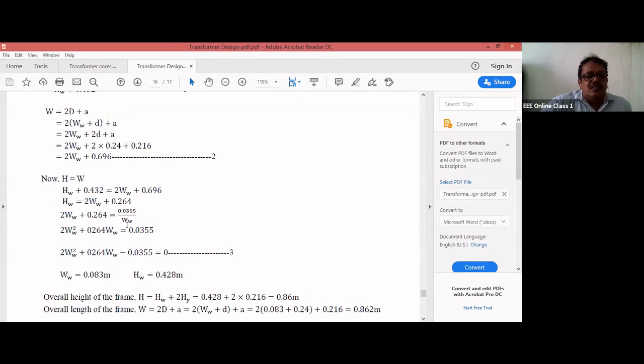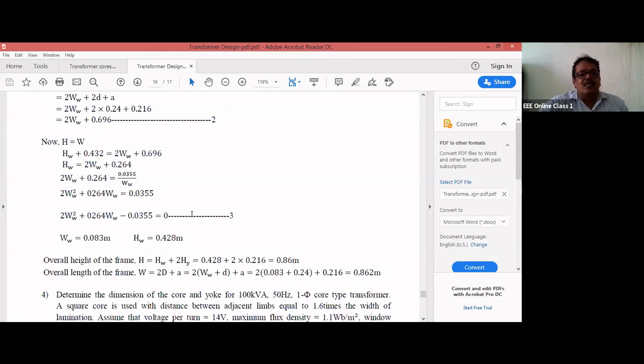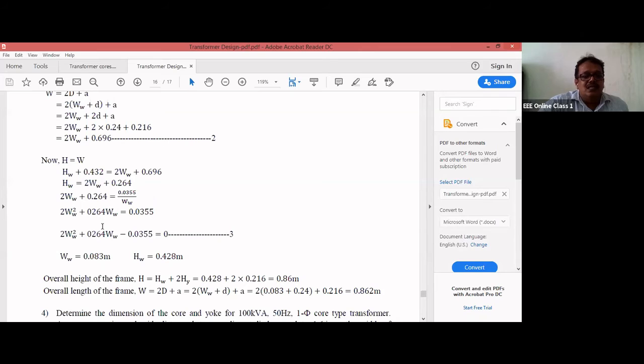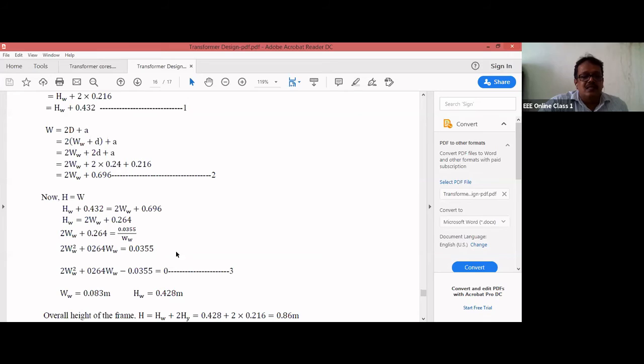Then simplify this one. 2 WW square plus 0.264 WW is equal to 0.0355, and this is your quadratic equation. You can find out the roots, and you find WW is equal to 0.083 meter. Once you find WW, then you can use it to find HW, and HW is equal to 0.428.